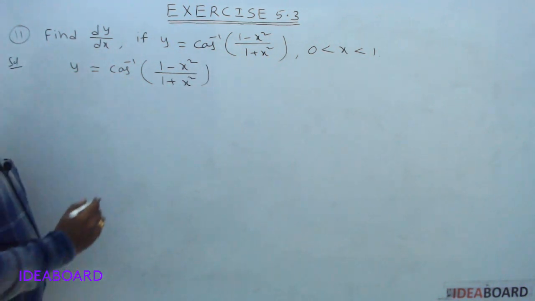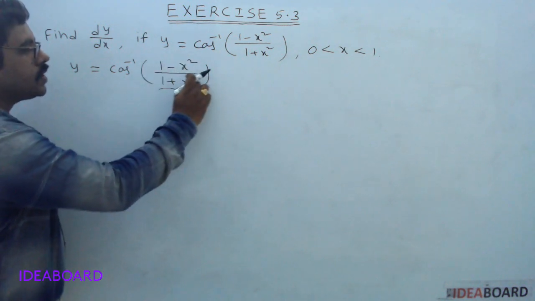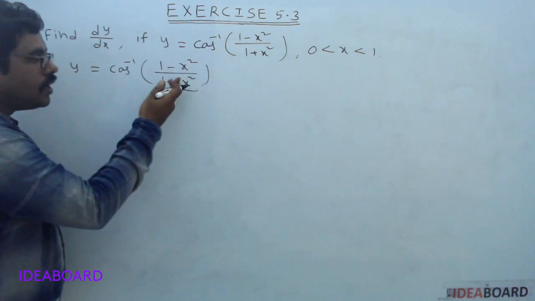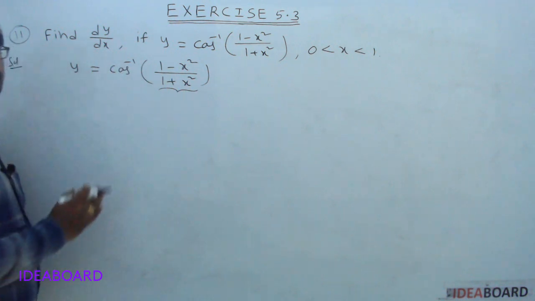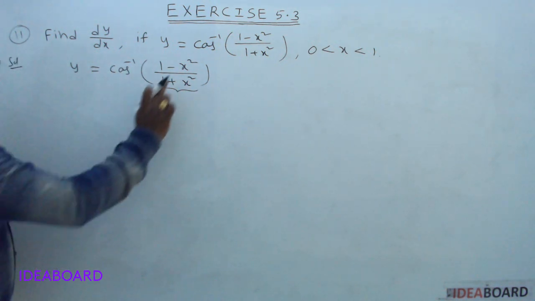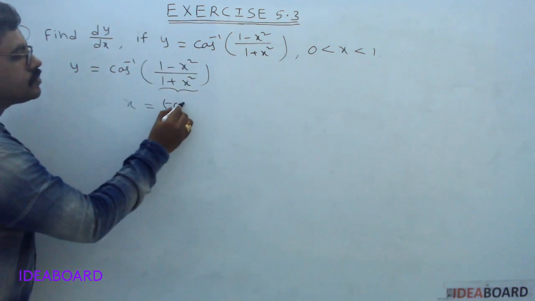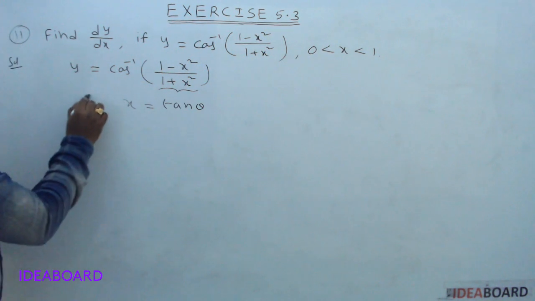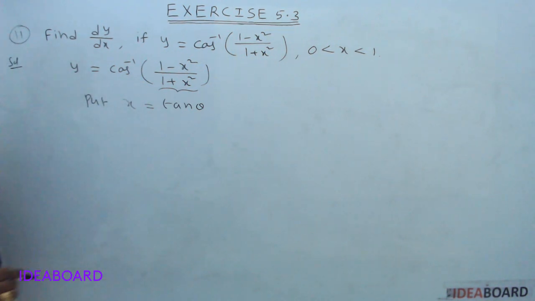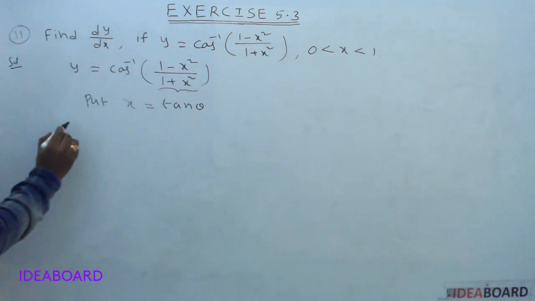Now here try to convert this value, that is, convert (1 minus x square) by (1 plus x square) in terms of cos function. For that purpose I will take the substitution instead of x as tan theta. What is my substitution? X equals tan theta.